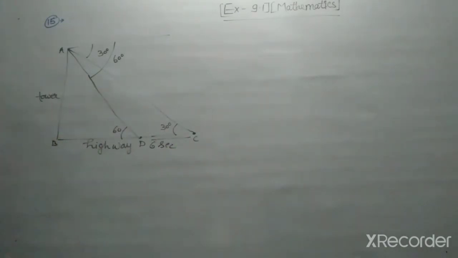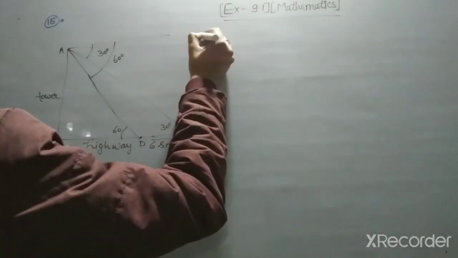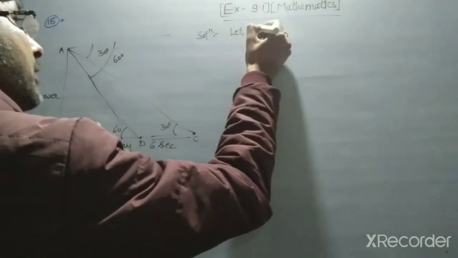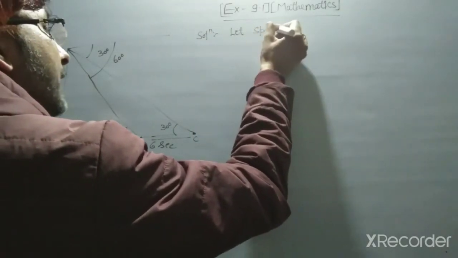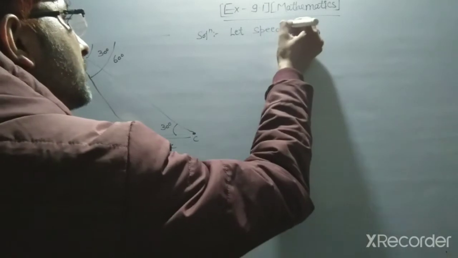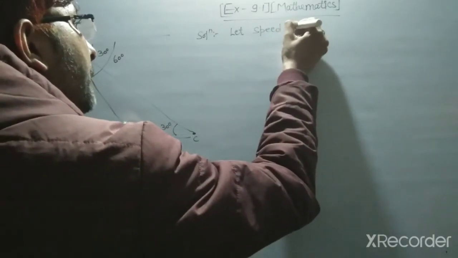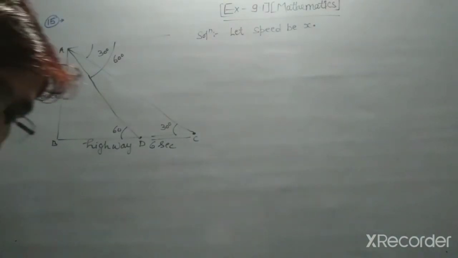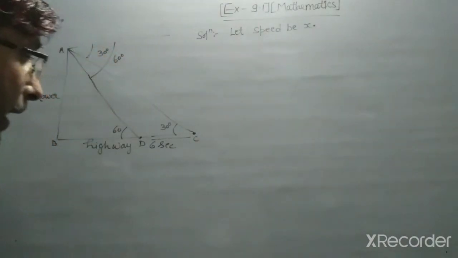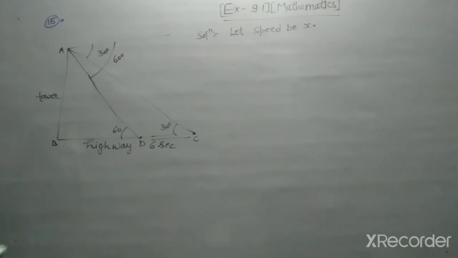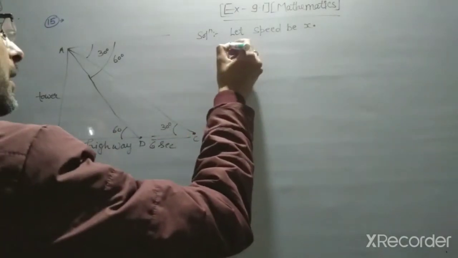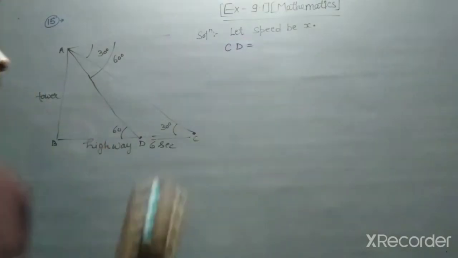So you have to suppose the speed of the car is X. Okay, we suppose the speed of the car is X, and then the distance it will cover from C to D is equal to CD.